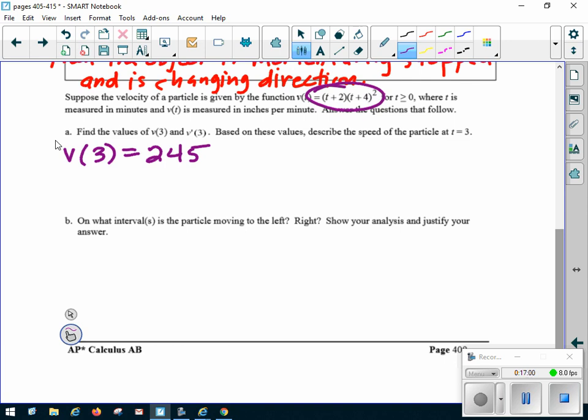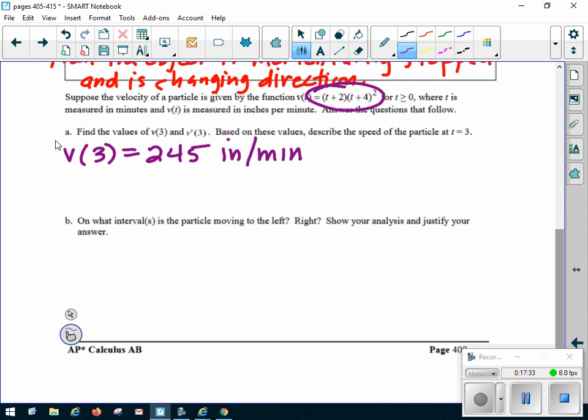Velocity is always position over time. So centimeters or a length over time, inches per minute. So this tells us that particle, it says to describe the speed. Oh, I don't know how to describe the speed yet. Because in order to determine if speed is increasing or decreasing, not only do I have to know the velocity, I have to know the acceleration.